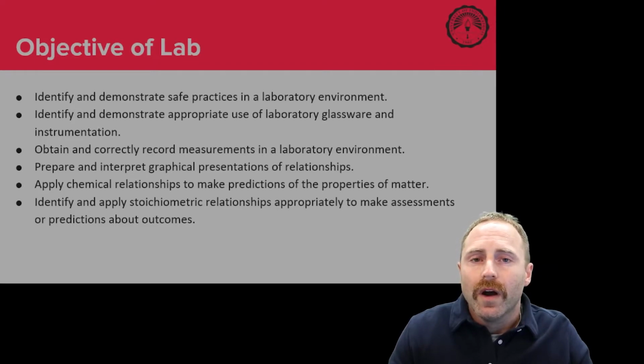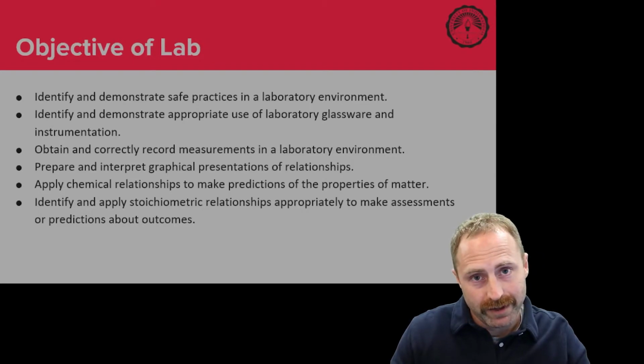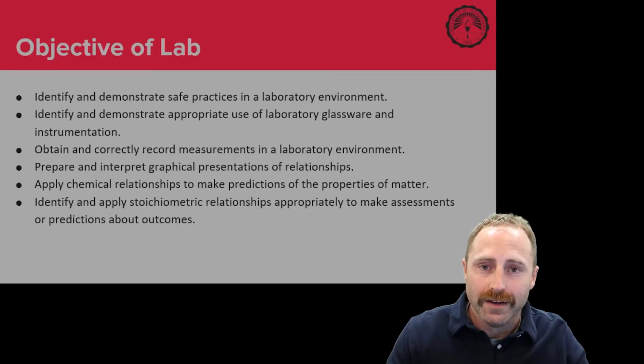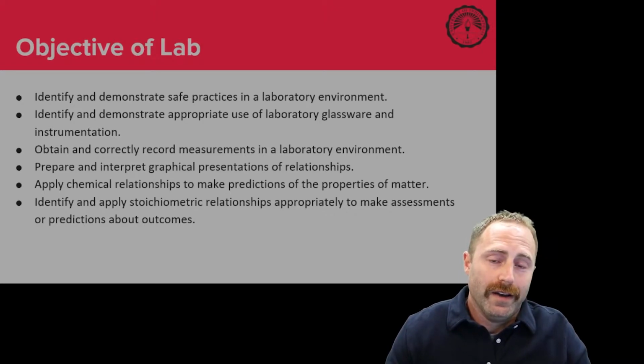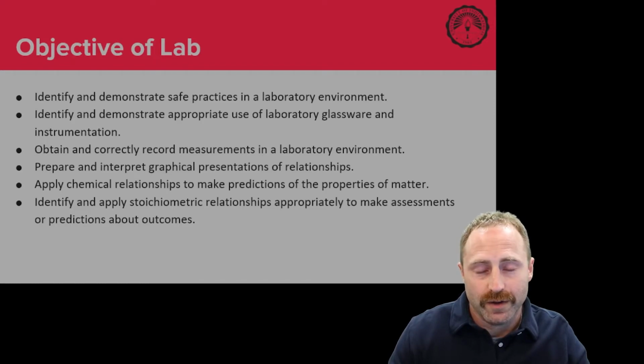We're going to correctly obtain and record our measurements. Because there's a lot of ways to obtain a measurement. There's usually only one or two ways to get the measurement right. And depending on the glassware and depending on the instrument that you're using, you gotta do different things to get the actually scientifically correct answer. And we're going to help make sure that you learn those skills as long as you help us on your end of this equation here.